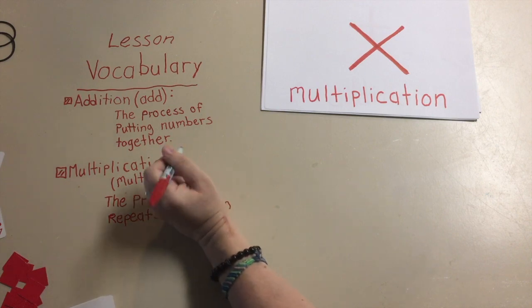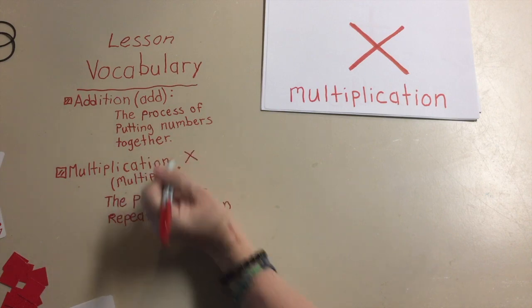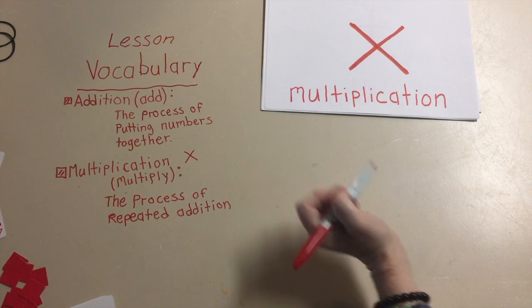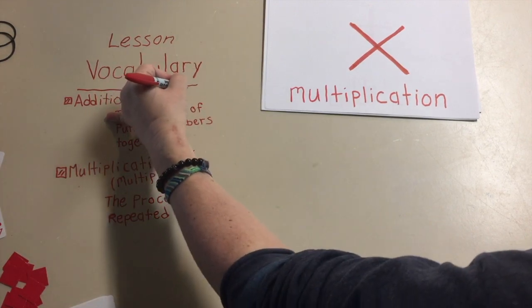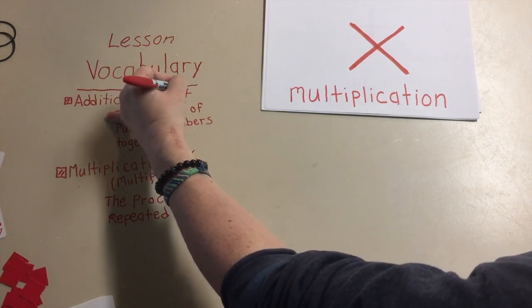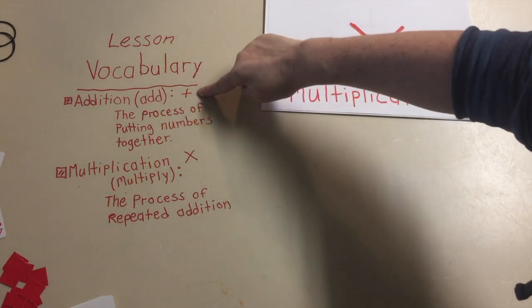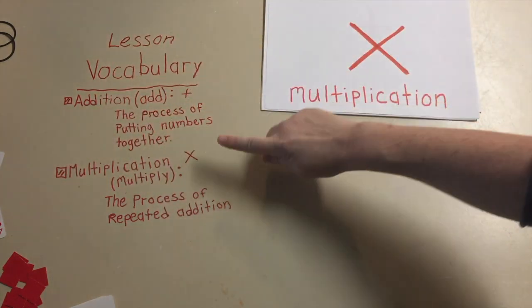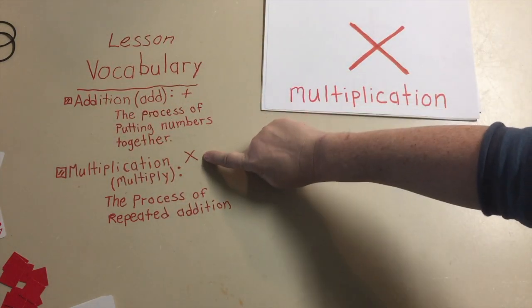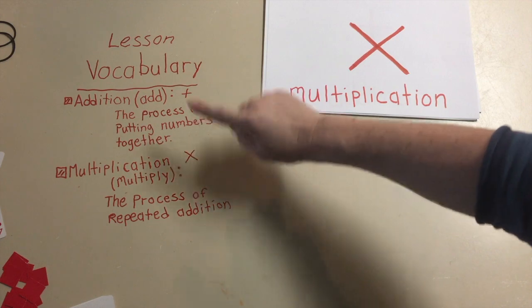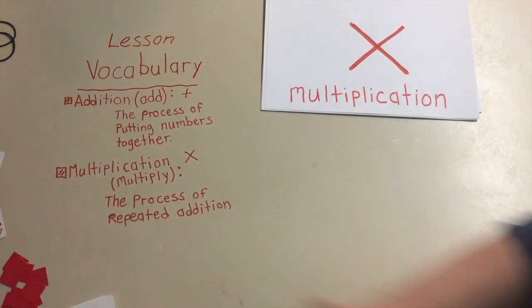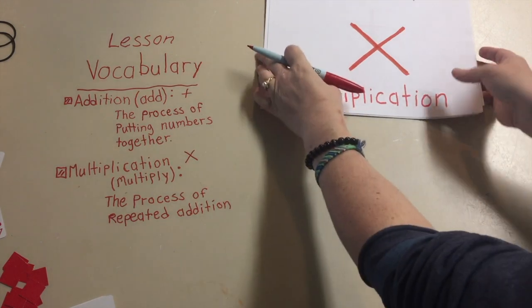We're going to add our X over here to remember that that's for multiplication. We're going to add our plus sign over here. That's a really funny plus sign, but it'll do. We like it all the same. So we have a plus sign to remind us of addition, and we have an X to remind us of multiplication.